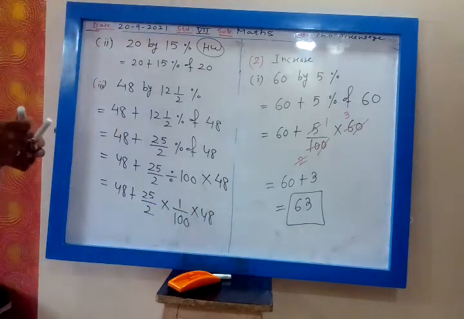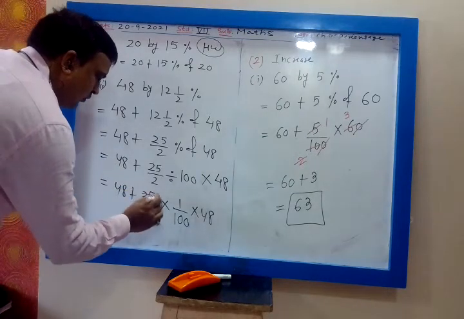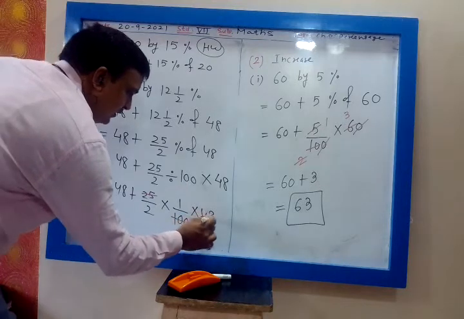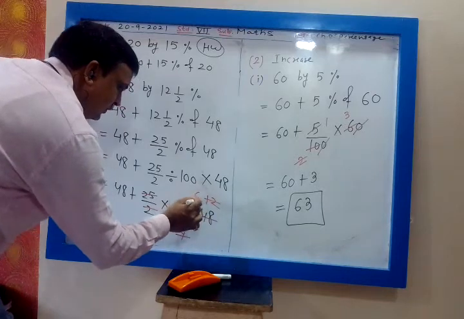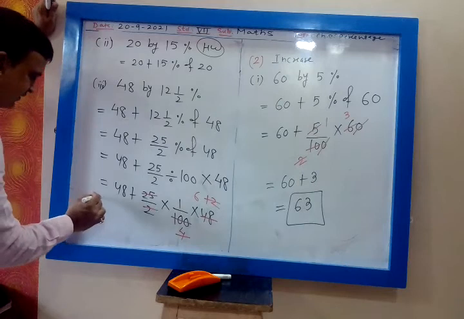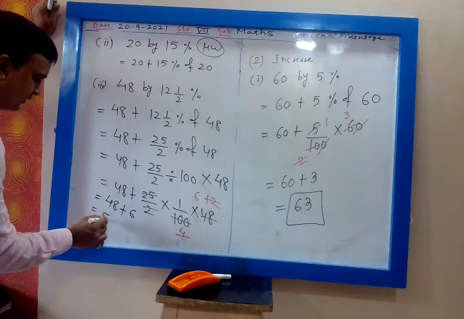Now you cancel. See here. 25 4s are 100. Then 4 12s are 48. Then 2 6s are 12. So the answer is 48 plus 6, and that is 54.